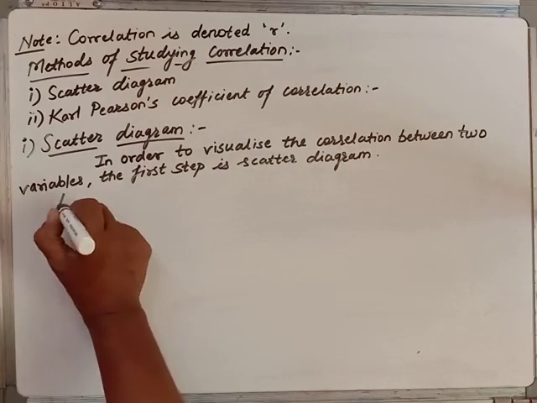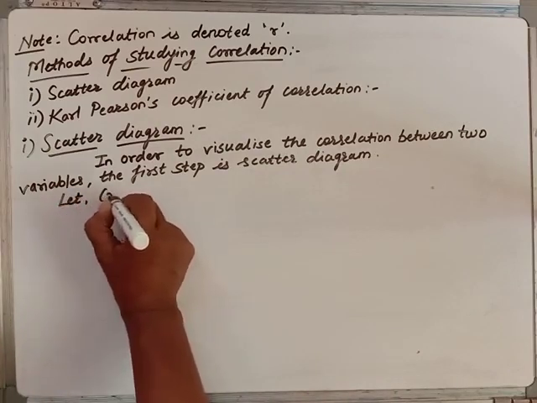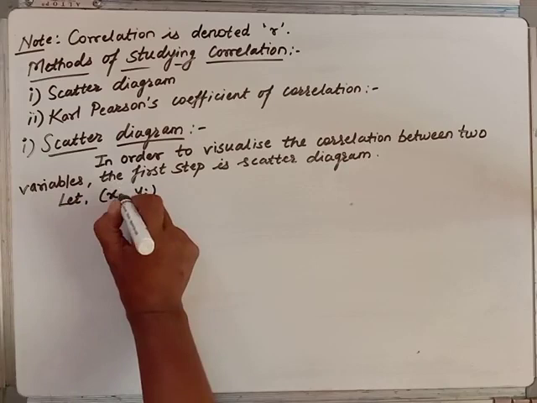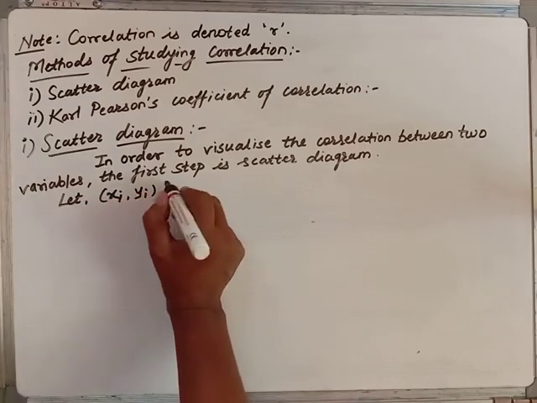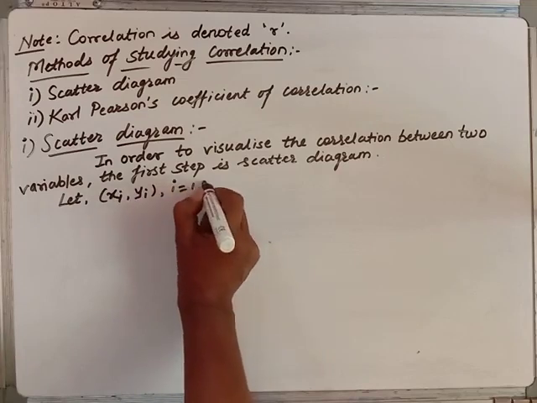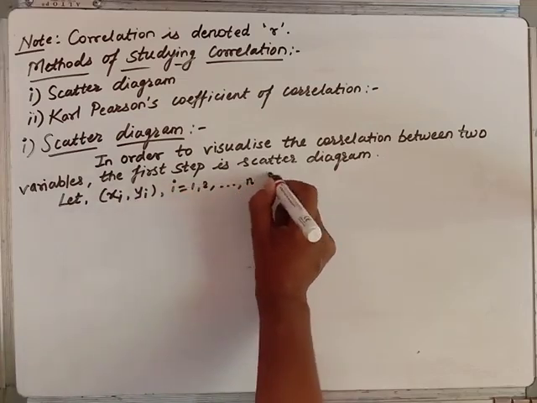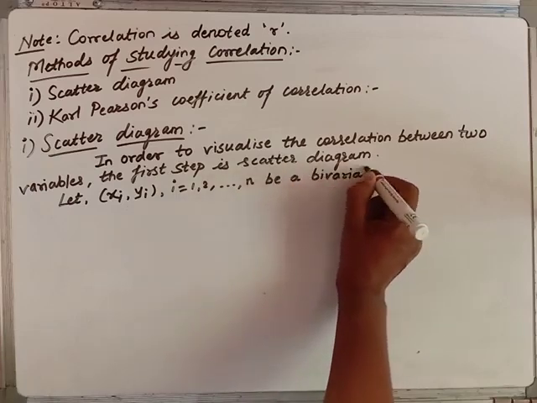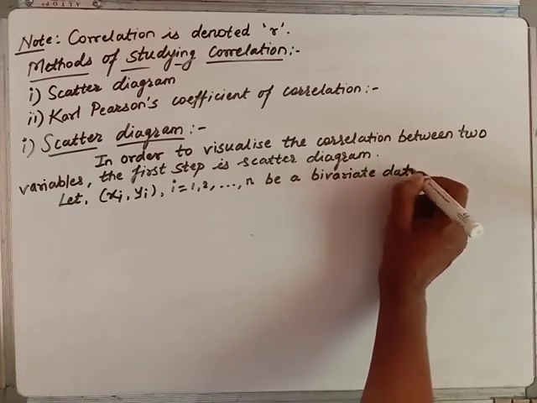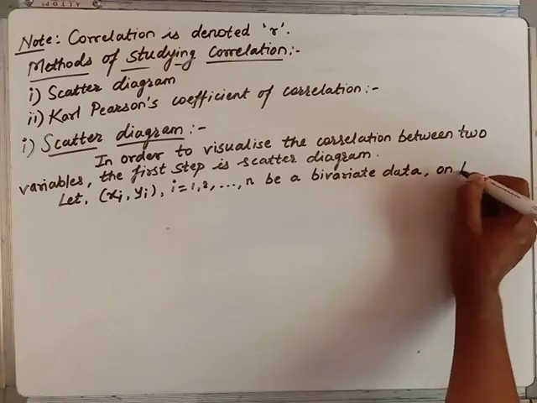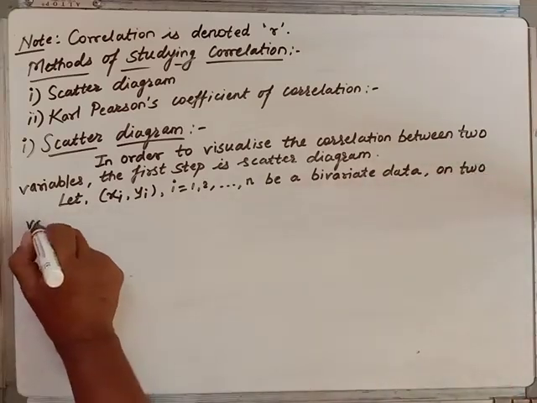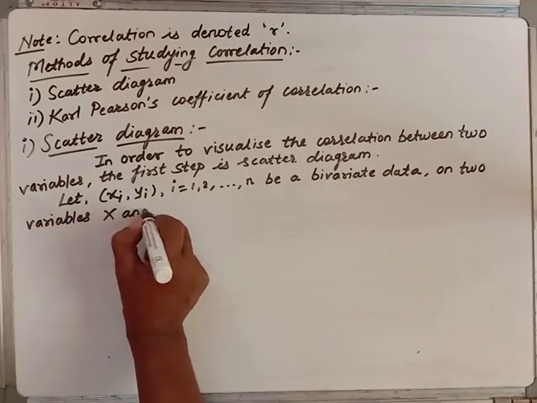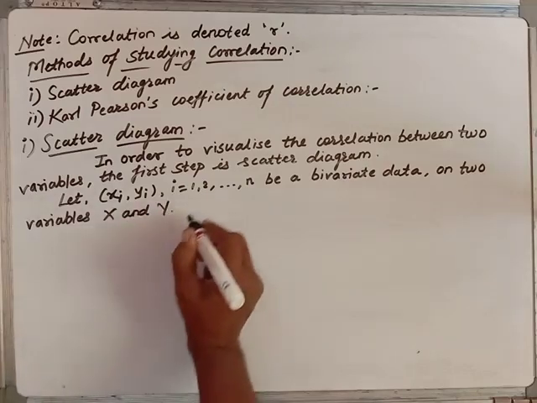So now here let (xi, yi), i goes from 1 to n, be a bivariate data on two variables x and y.